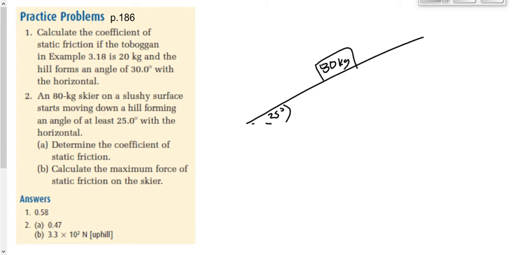The force that we had to apply to just barely get it moving was equal to the max force of static friction. This is the force parallel that's barely required to get it moving, so it's going to be equal to the max force of static friction. So I'm going to draw in the F parallel, and I'm going to recognize that if this is the point where it just barely starts moving, then it's equal and opposite to the max force of static friction.